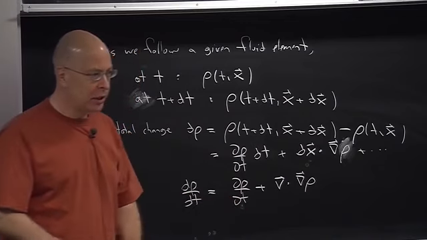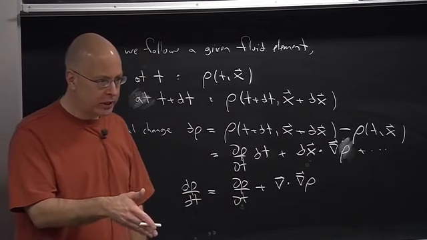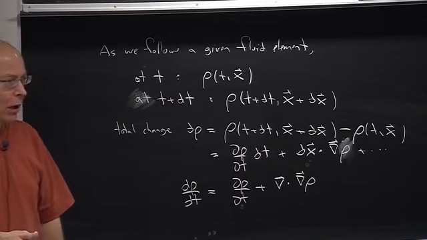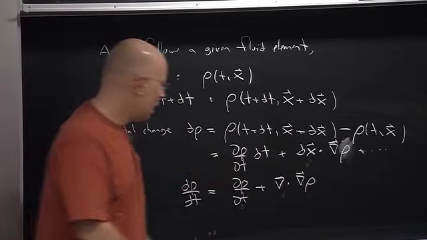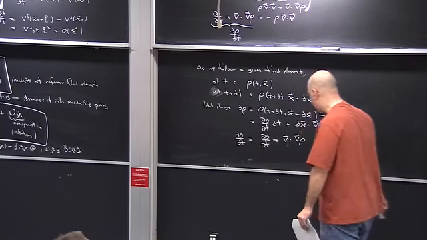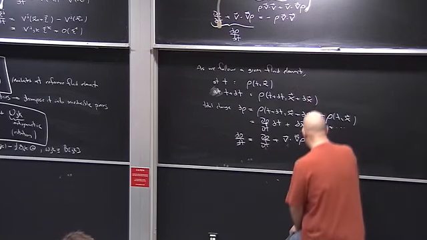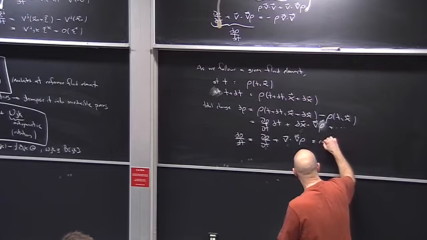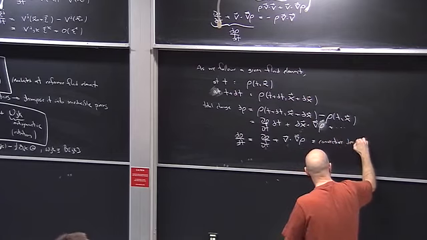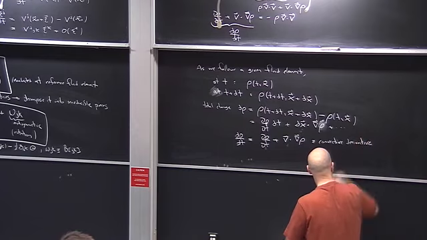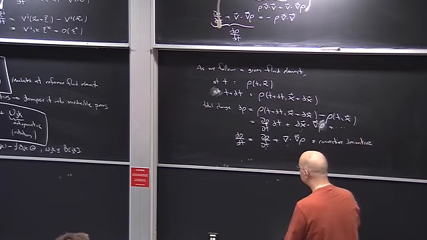But if I say that I'm going to be tracking the motion of the fluid element as it moves from here to there while I take the time derivative, then I have to include this term as well. So this is something that always occurs in fluid dynamics, and it's sometimes called the convective derivative of the density.